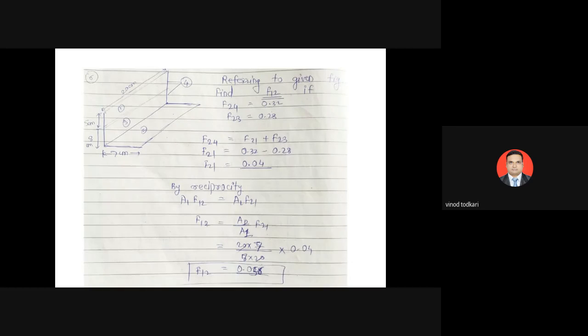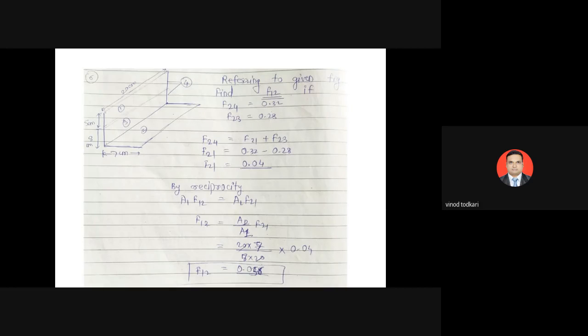Now, what was given in the university exam? It was given that referring to the given figure, find F12, the shape factor of 1 with respect to 2. And F24 and F23 were given: F24 is equal to 0.32 and F23 is equal to 0.28.